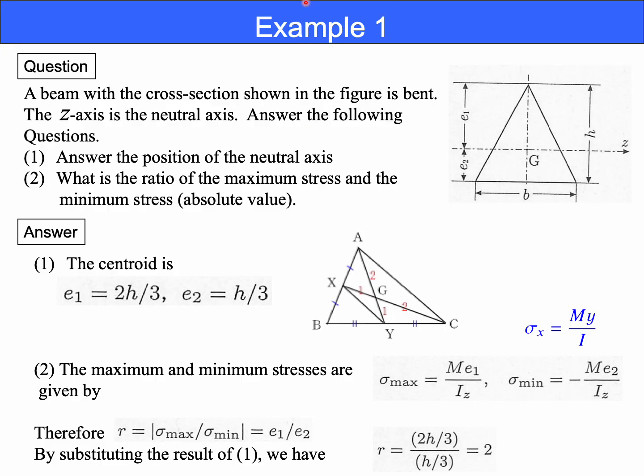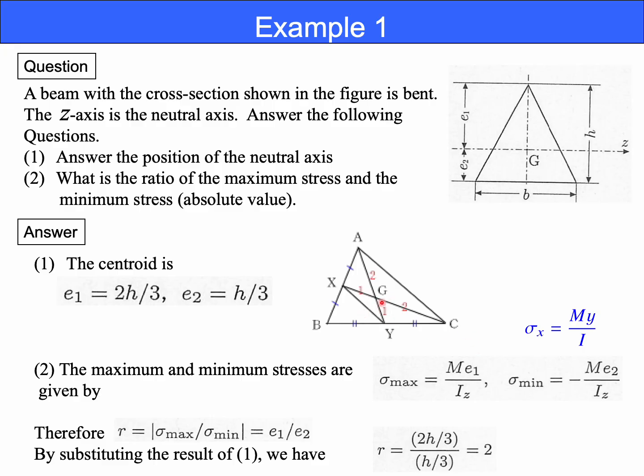For a triangle, the centroid lies at E1 equals 2h over 3 and E2 equals h over 3.